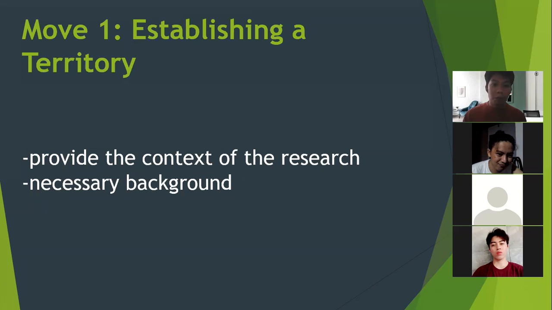Because if it's not problematic, then what's the purpose? Why do you want to conduct a research? It should be relevant or otherwise worthy of investigation. So in Move 1, you really have to establish that your research has a purpose. You are establishing your territory by telling your listeners or readers that this is an important topic.